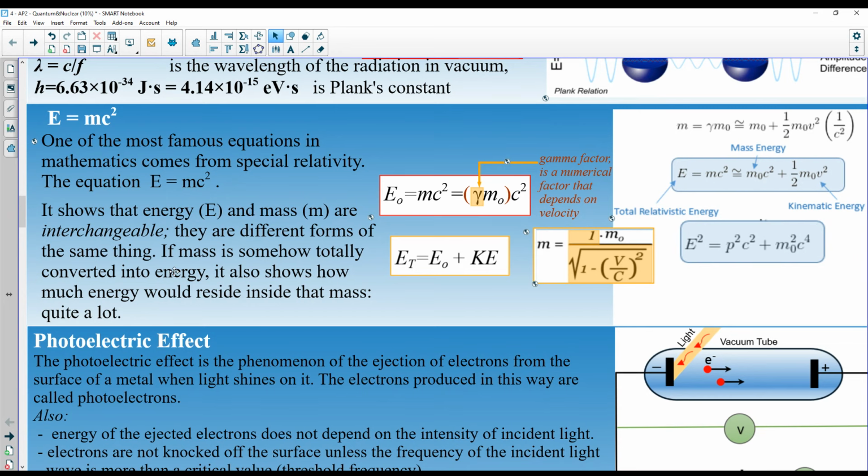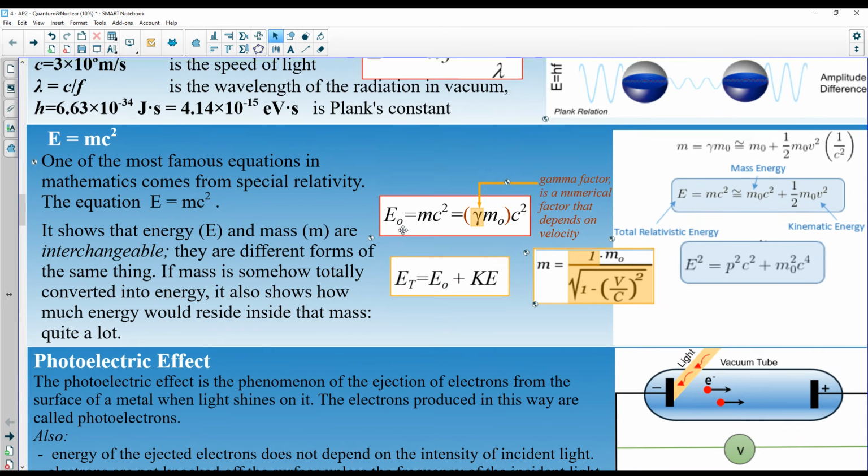In other words, the mass can be fully converted into energy if you take away the mass as a quantity itself. So the rest energy of the mass is equal to mc squared, where m is the rest mass.